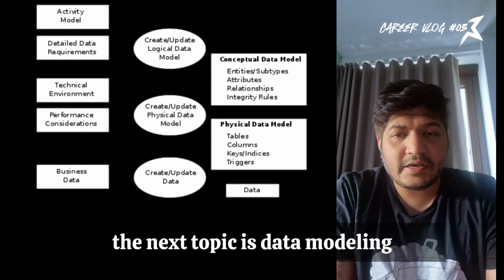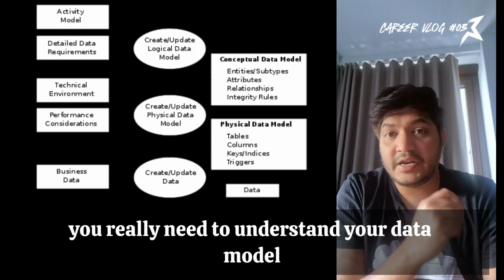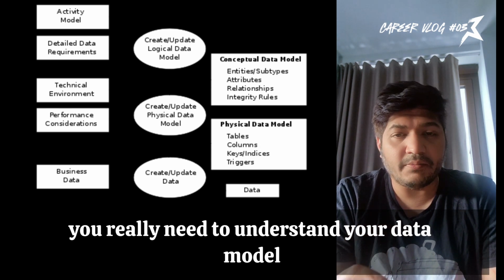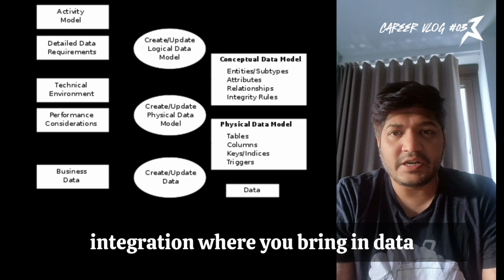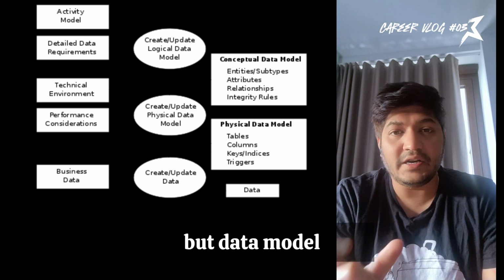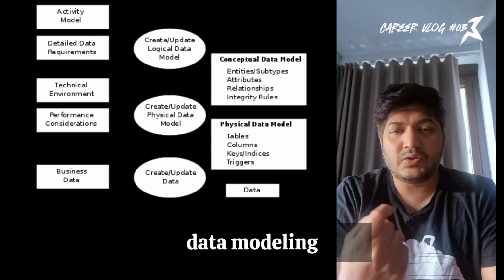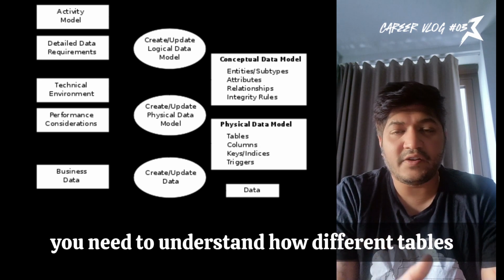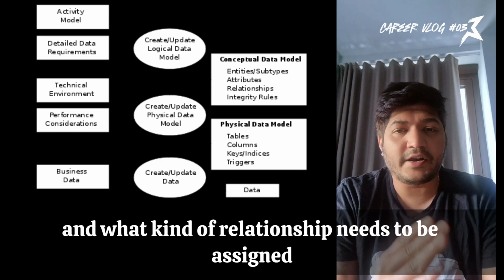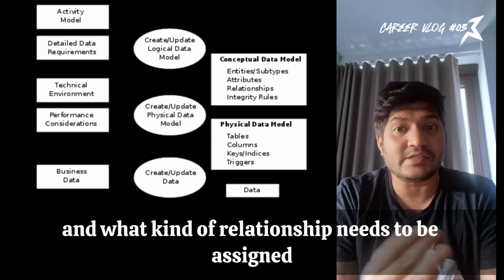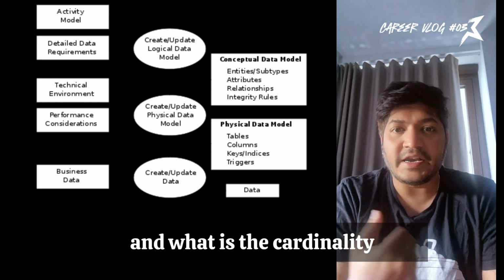The next topic is data modeling. You really need to understand your data model, because that is the base of your entire solution. Integration is where you bring in data and transform it, but in data modeling, you need to understand how different tables are mapped to each other, what kind of relationship needs to be assigned, and what the cardinality is.